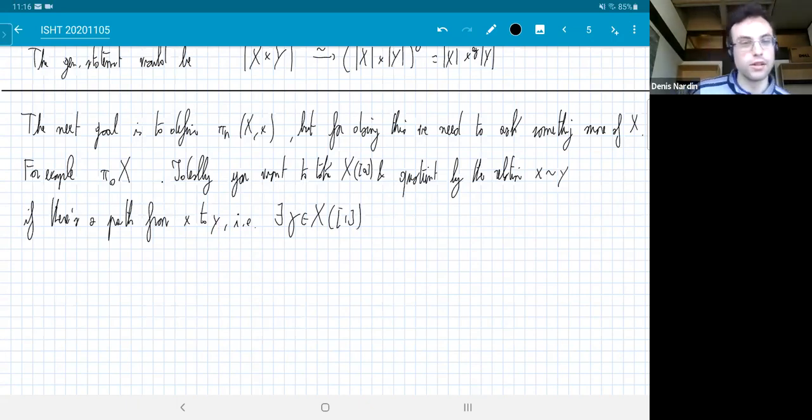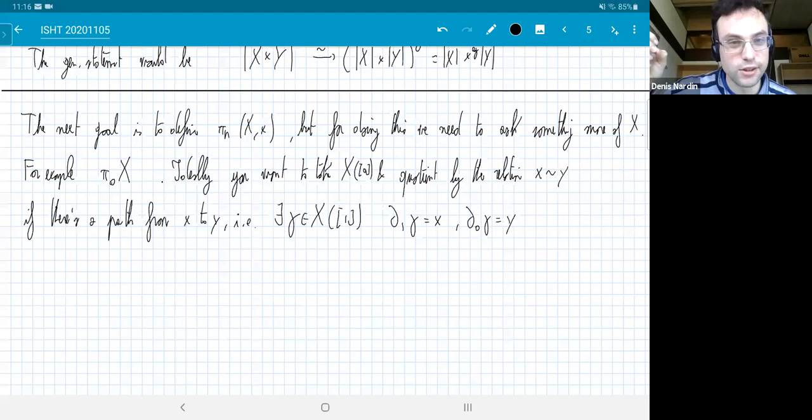That's standard notation. I'm trying not to use it right now. There is gamma such that the 1st face is X and the 0th face is Y. Remember, the ith face is the face obtained by removing the ith vertex. So the source is the 1st face and the target is the 0th face.